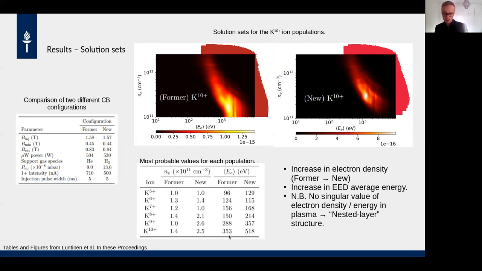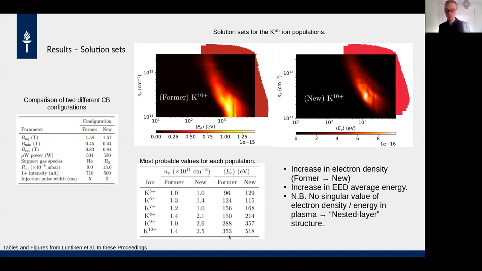This is consistent with the so-called nested layer model, where the low charge state ions originate from the periphery of the plasma, and higher charge states from smaller radii around the central axis of the plasma chamber, with the highest charge states originating from the plasma core.